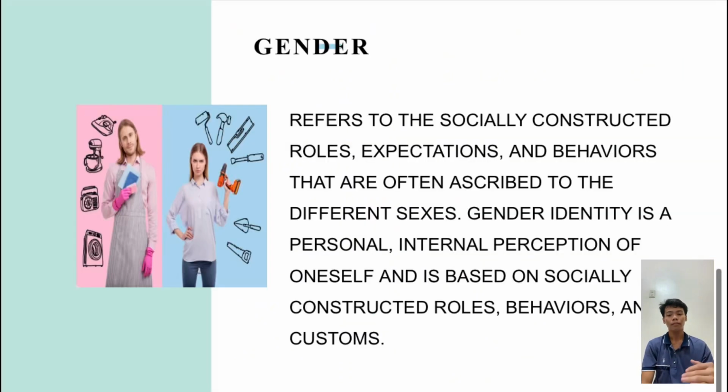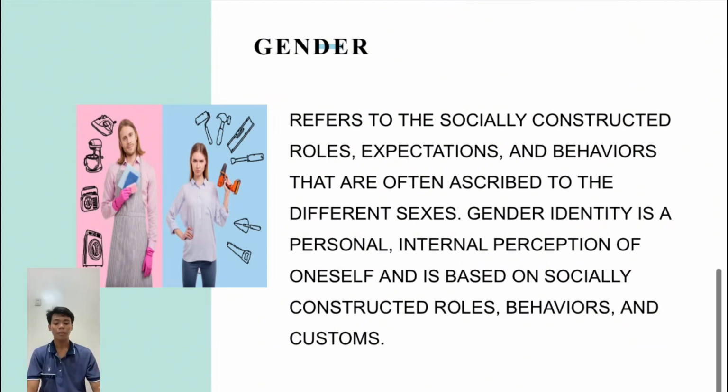Okay? And on the other side, gender refers to the socially constructed roles, expectations, and behaviors that are often ascribed to the different sexes. Gender identity is a personal, internal perception of oneself based on socially constructed roles, behavior, and customs. From the definition itself, it is basically like you are born male, however your feelings or your doings are all about females, or basically your habits are all about females.